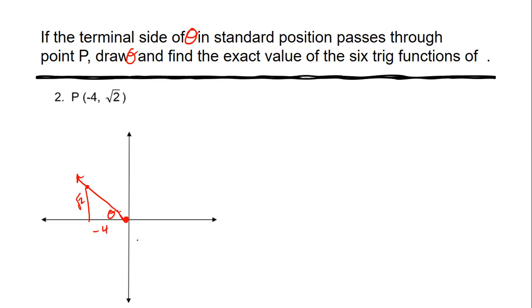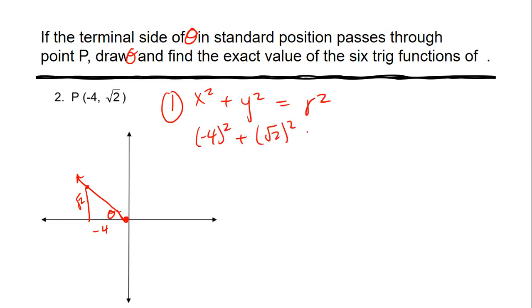Step 1 tells me to find my r, my radius. I find my radius by using x squared plus y squared equals r squared. My x squared is going to be -4 squared, my y squared is the square root of 2 squared, equals r squared. A negative times a negative is a positive. A square root times a square sets it free.